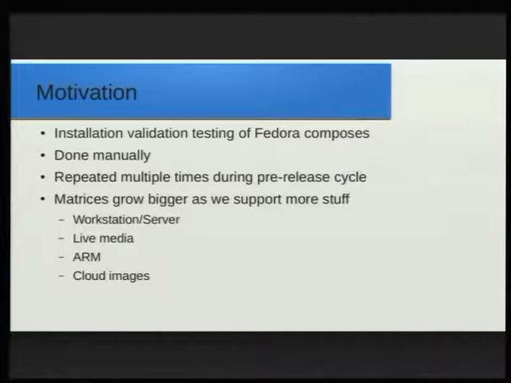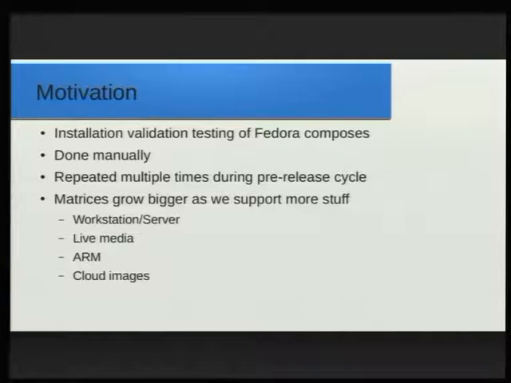The problem is that the test matrices that are evaluated for each compose are growing bigger and bigger because we are supporting more stuff. We now have products which differ in installation media and more. We support live media, net installation images, DVD images, PXE boot, for example, ARM, and now even cloud images.